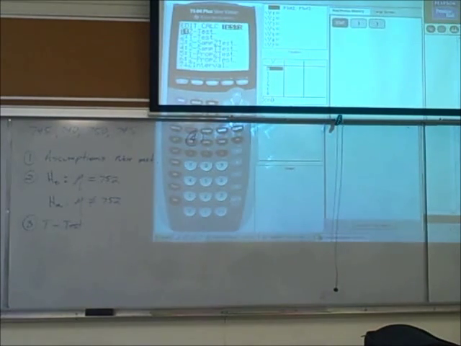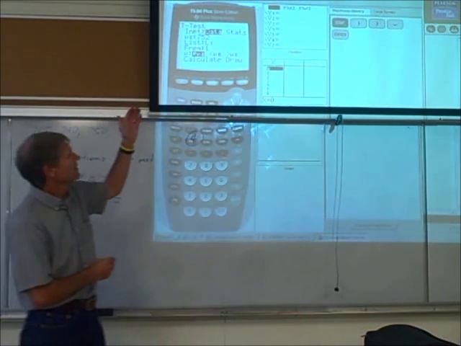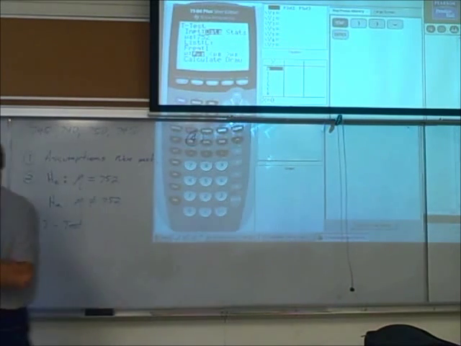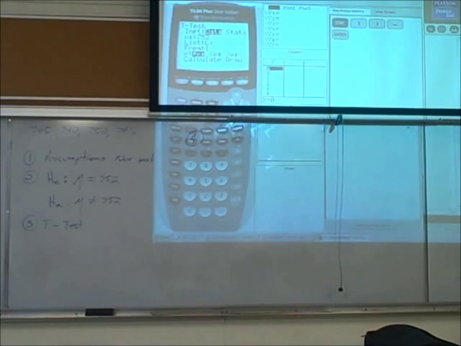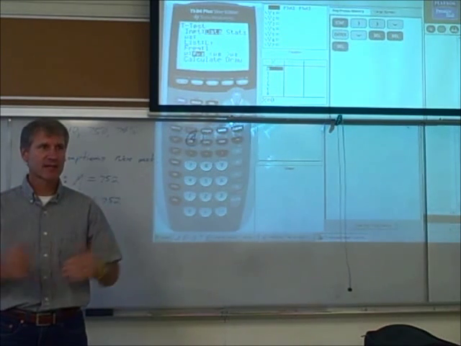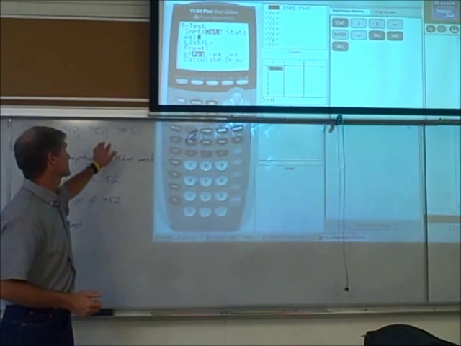And you're going to go down to t-test, which is only the second one down, so it's easy to get to this time. And press enter. Now it says data or stats. Which is it? Well, what did they give us? Did they give us summary statistics from some sample, or did they give us the values of that sample? Values. They gave us the data.